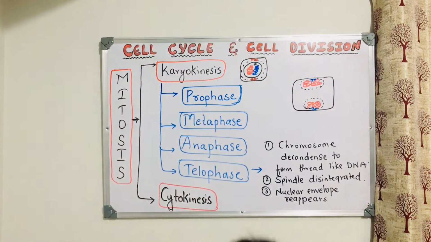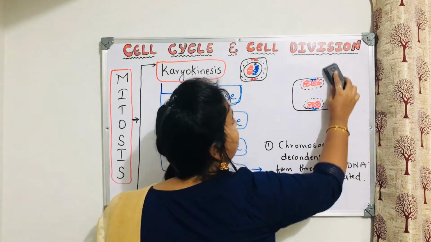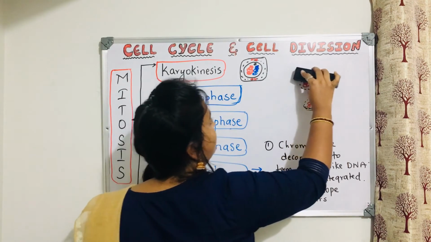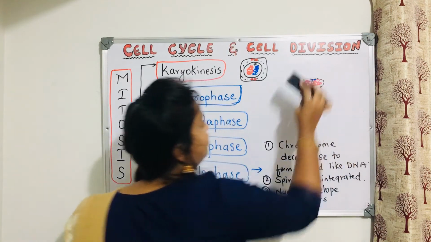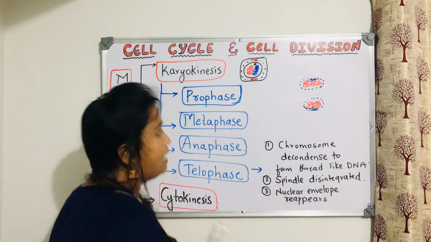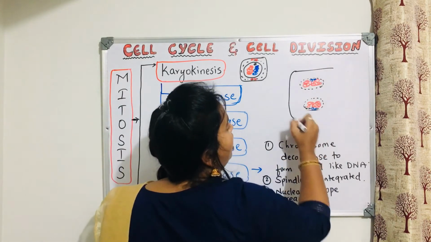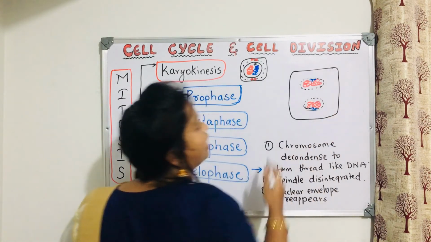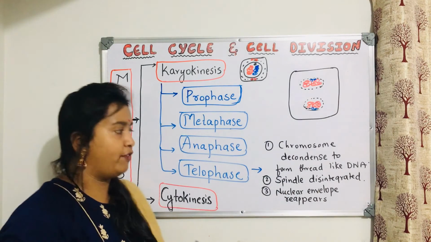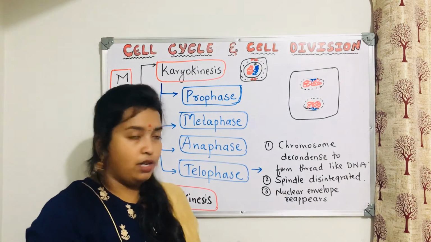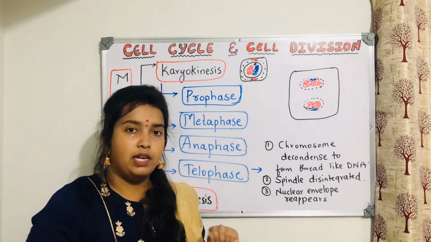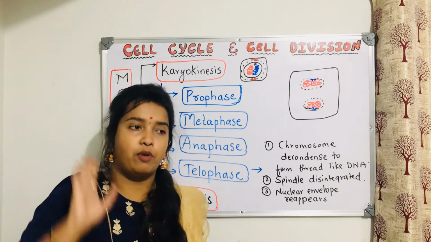I'll just show you the cell a little bit bigger. If this is the cell, after the anaphase, these are the things happening in telophase. I hope this much you understood. Once the nuclear envelope reappears, one more thing that was gone in prophase will come back.